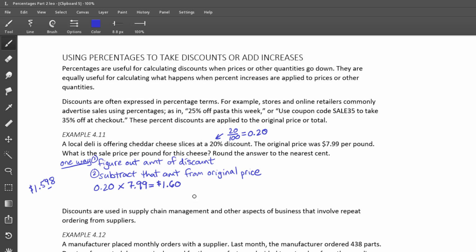If that does not seem comfortable to you, return to the rounding video because there are a couple examples of 9s in the round to digit place. In any case, this is step 1 of the little algorithm to solve this problem. Step 2, subtract that amount from the original price. The original price was $7.99. $7.99 minus $1.60 comes to $6.39 per pound.